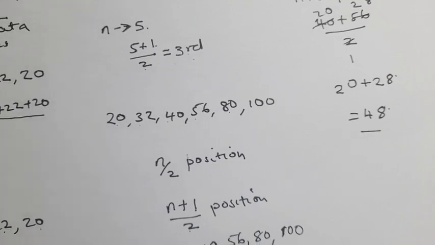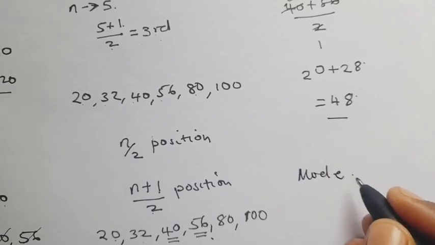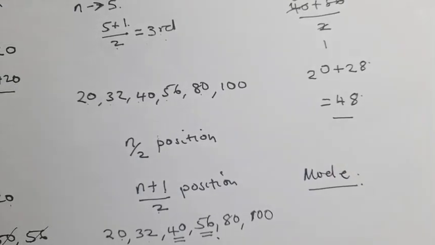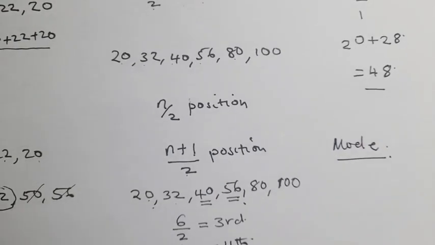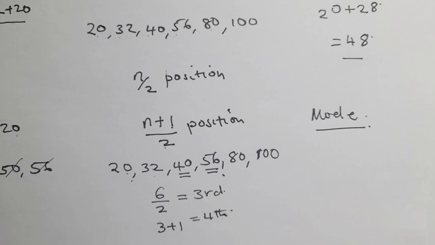Now next, we want to look at what we refer to as mode. Mode is a measure of central tendency that gives a number or a value that is most frequently appearing in a given data. Let me give a set of numbers here and we find out what a mode is.